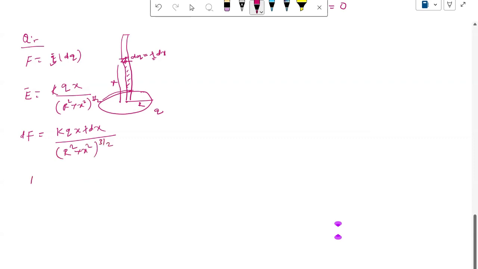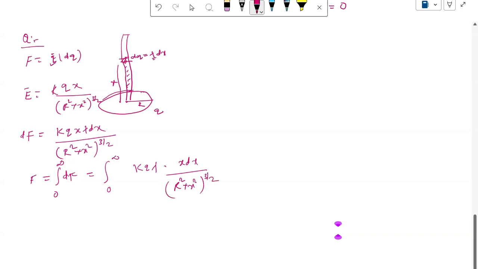Now for F, the integral of dF will apply, from 0 to infinity. K Q lambda is constant. The remaining is x dx by R square plus x square whole power 3 by 2, which you have to integrate.